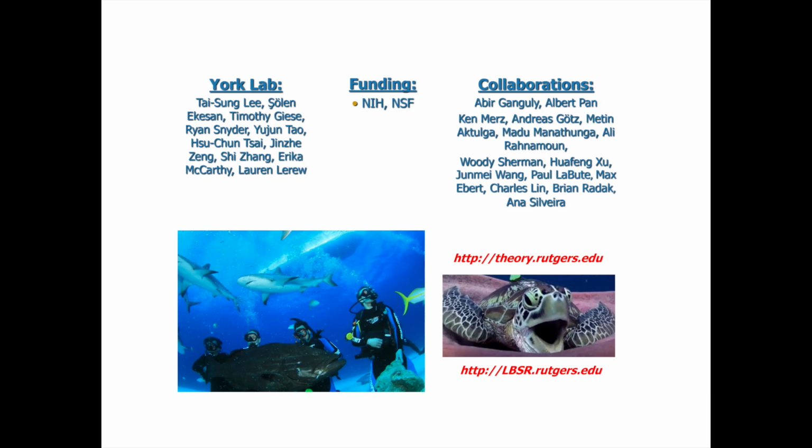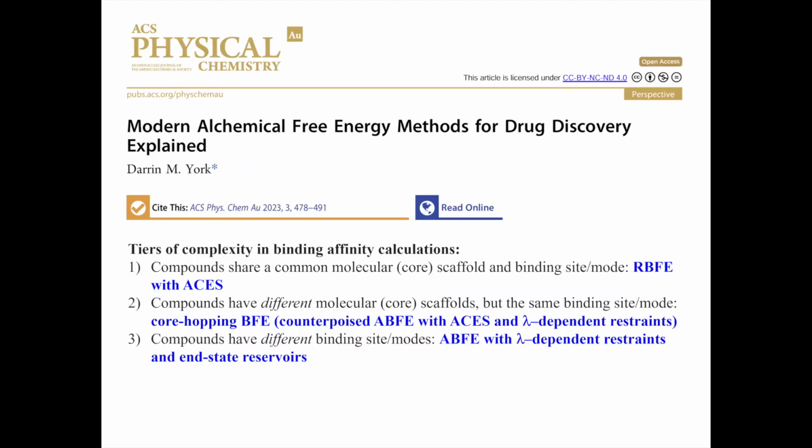That being said, there are different tiers of complexity that I didn't really get into, described in this little review. When compounds share a common molecular core, then calculating the relative binding free energies is going to be the most stable, because you have small functional groups that are differences.